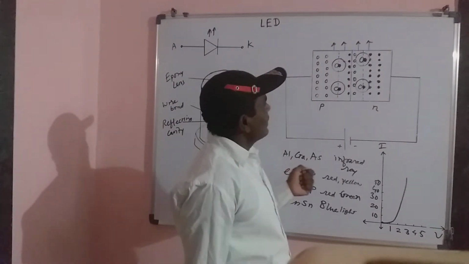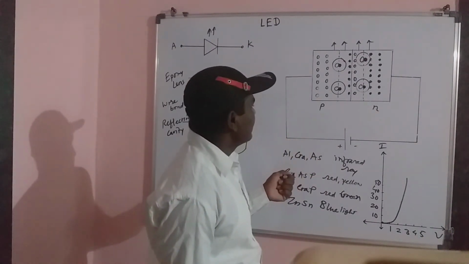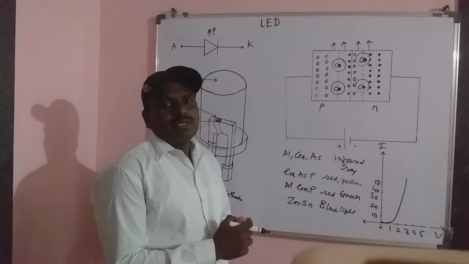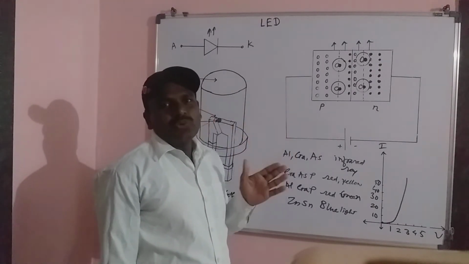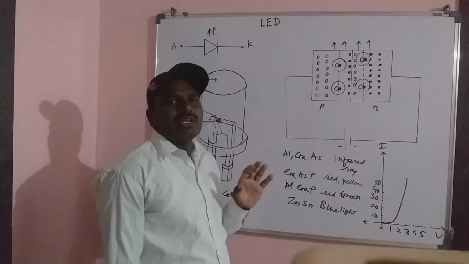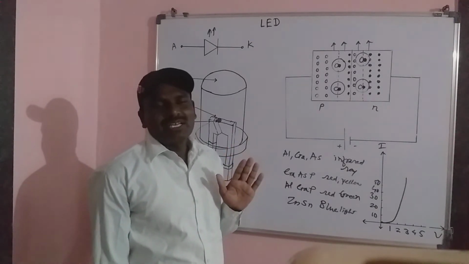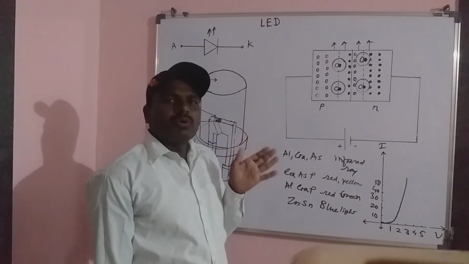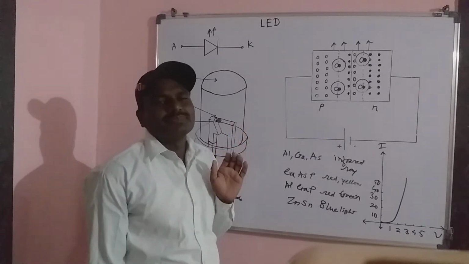Now we can see the advantages. The first advantage is that it is energy efficient. The LED gives a larger light output for a smaller electric power. The second advantage is longer lifetime, in which an LED works for about 50,000 hours continuously if it is manufactured properly.